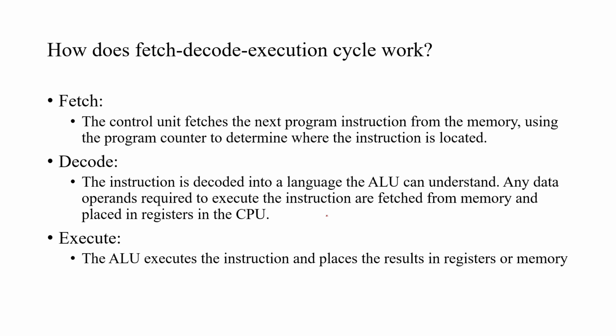The instruction is decoded into a language that the ALU can understand so it can perform any operation that it needs to. And there are some operands that need to be fetched as well to execute the instructions that are fetched from memory. In the execute portion of this cycle, the ALU executes the instruction and places the results in the registers or memory.